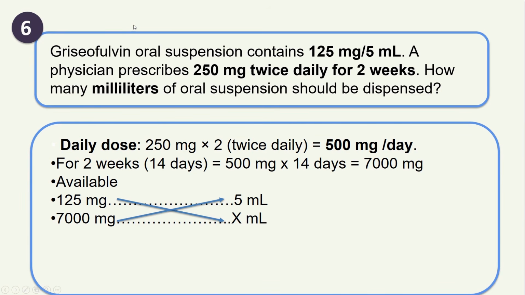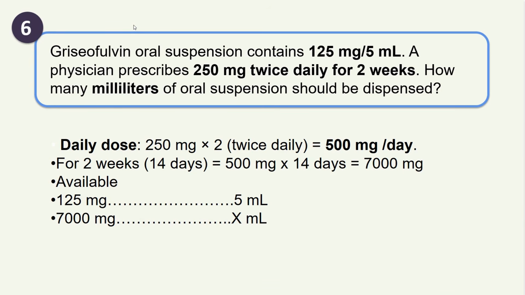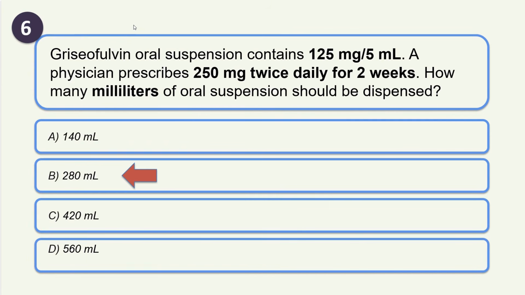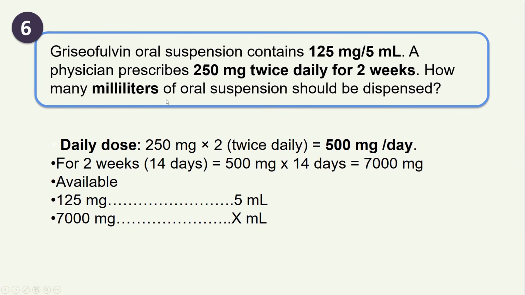So let's do how to get that answer. For example, to get this 280 mils, let's solve this. Here the daily dose prescribed is 250 milligrams twice daily for 2 weeks. 250 milligrams twice daily means per day is 500 milligrams. So 2 weeks means 14 days.